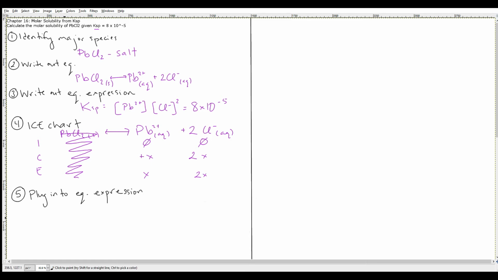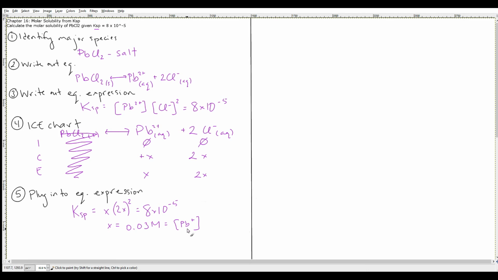So, I know that my KSP is going to be equal to x times 2x squared, and all of that can be set equal to our given KSP. This should give you an x value of 0.03 molarity, and I know that is equal to the concentration of my lead ion.